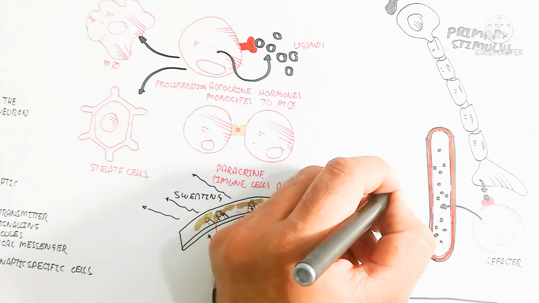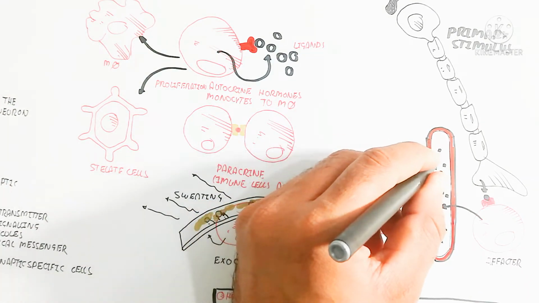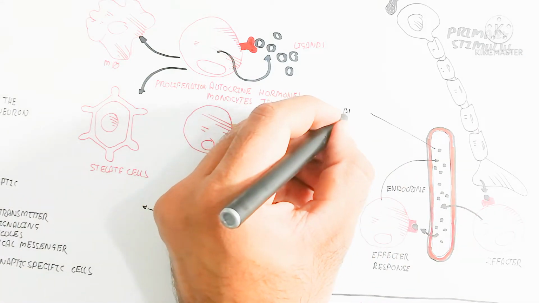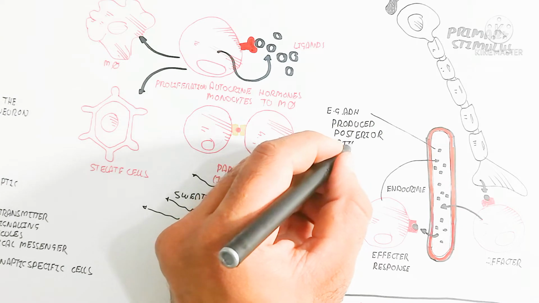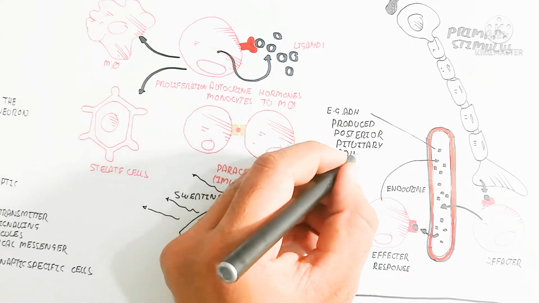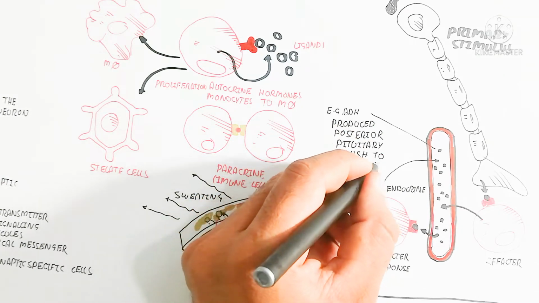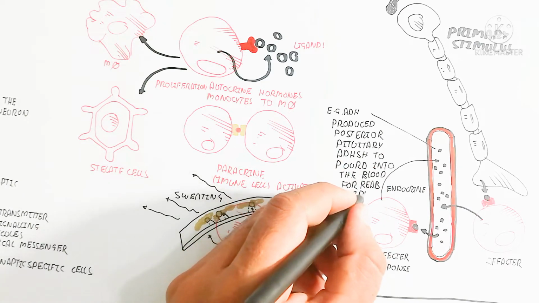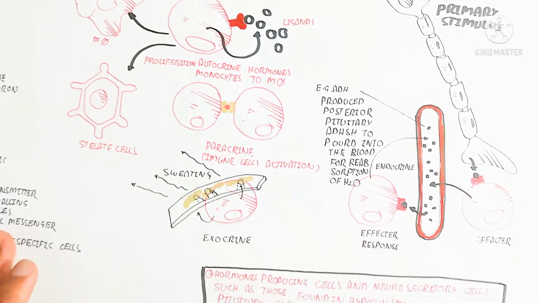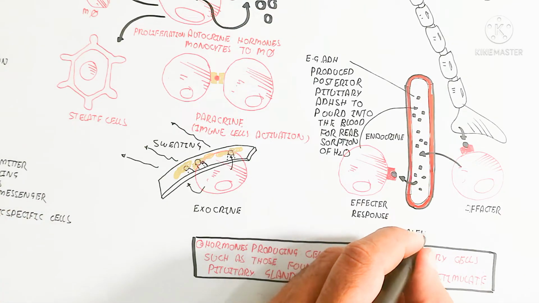So the hormone producing cells and neurosecretory cells, such as those found in the hypothalamus, stimulate the pituitary glands. On the other hand, the best example is the pancreas. The pancreas has two types of activity for chemical coordination: exocrine and endocrine.